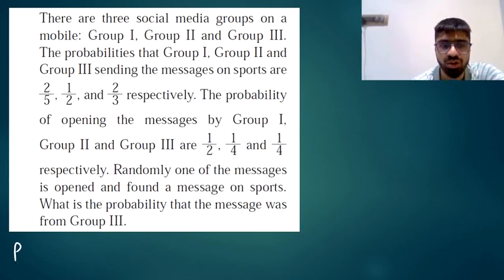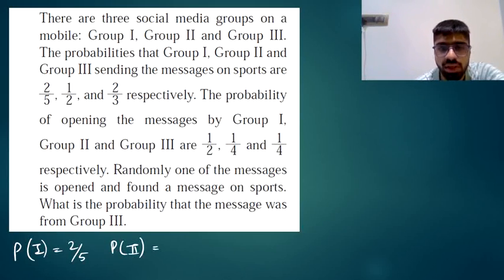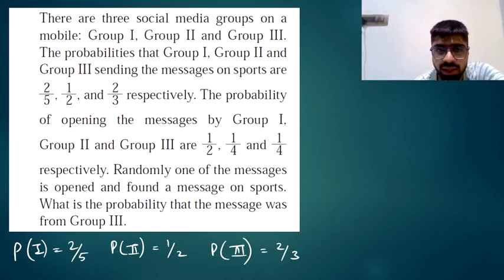So the probability of posting a message by group 1 is 2 by 5. Probability of posting by group 2 is 1 by 2. Probability of posting by group 3 is 2 by 3. They are now telling you that probability of opening a message given that it is group 1.